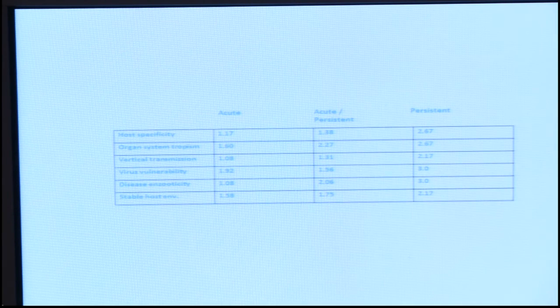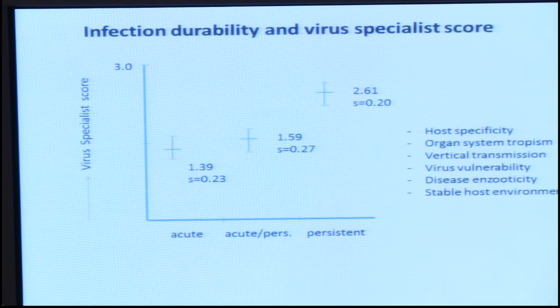If we look at the individual variables, we note that in 11 out of 12 incidents, where we move from the left to the right, from acute to more persistent infections, we have this increase in specialist score. And then if we hold the infection duration against the specialist score, pooling all these variables, as we move from acute to persistent infections, we got a doubling of the specialist score.